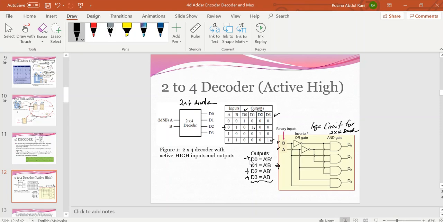At one condition of input, only one output will give output 1. So if D0 gives output 1, it means the input from A and B is 0, 0. So it decodes the binary bits.